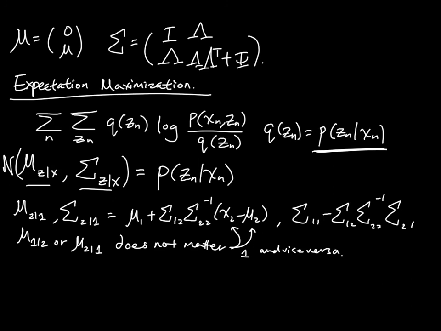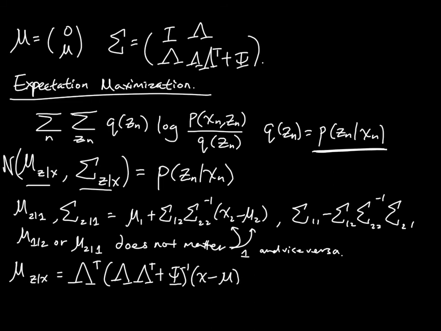So if you replace these 2's with z's and 1's with x's, we get mu of z given x is equal to lambda transpose (lambda lambda transpose plus psi) inverse (x minus mu x).